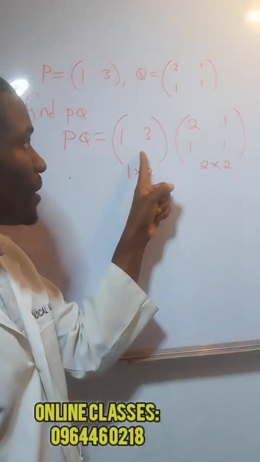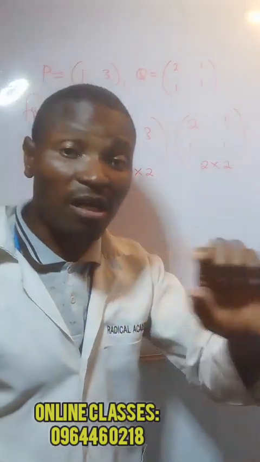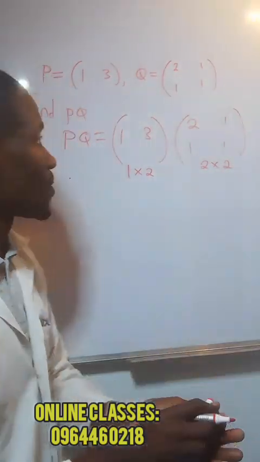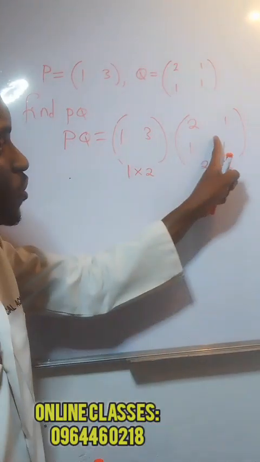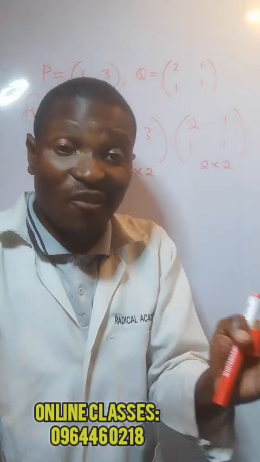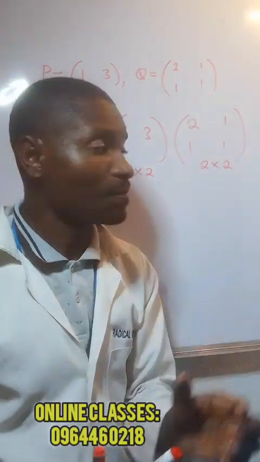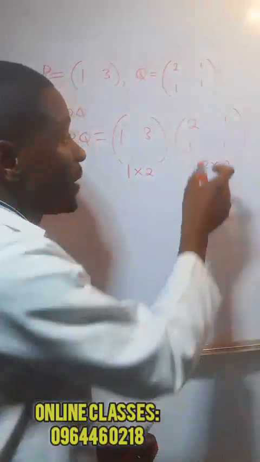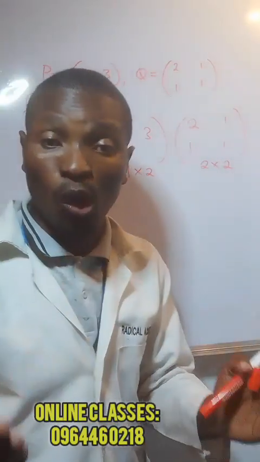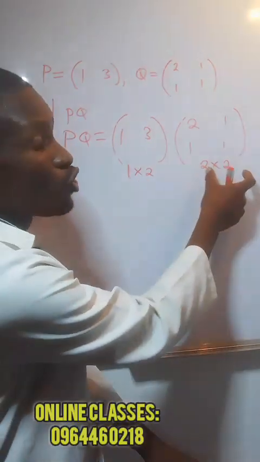So this one, P, which is just 1, 3, has one row and two columns. And this one is something that everyone knows: a 2 by 2 matrix, with 2 rows and 2 columns. So now, the orders are 1 by 2 and 2 by 2.